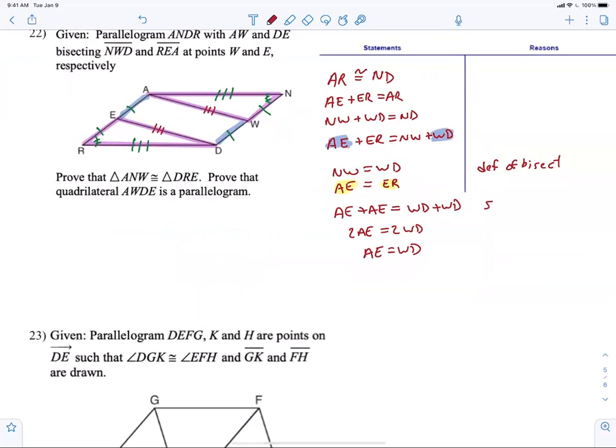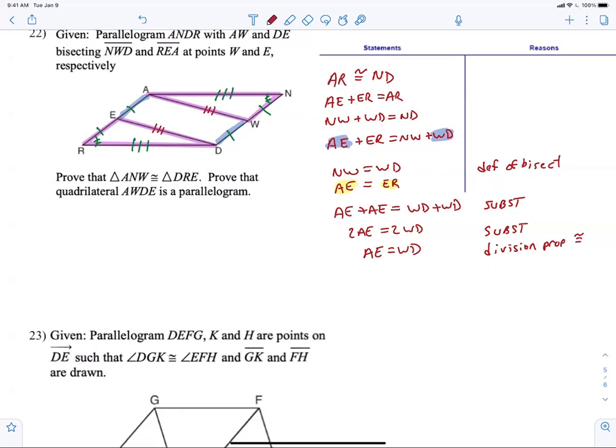This is a what? That's a substitution. And then AE plus AE equals 2AE is also substitution. And then this was the division property.